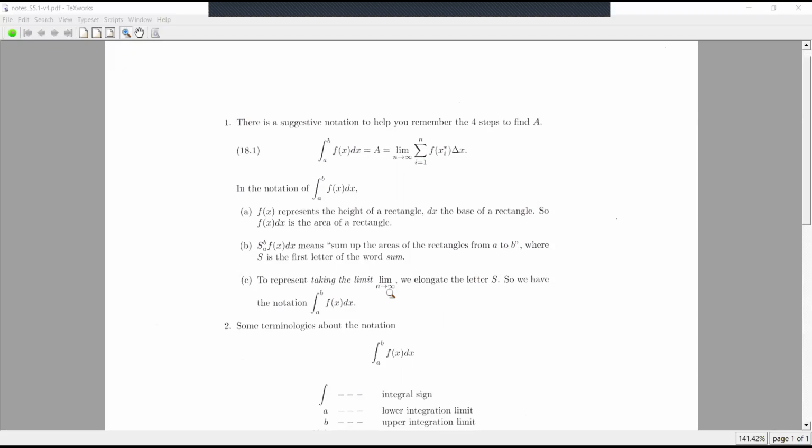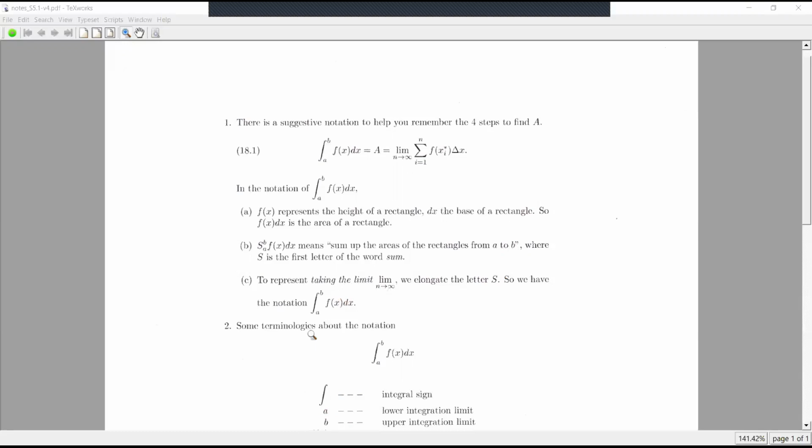How to represent taking the limit? We elongate the letter S into this symbol. This is an elongated S. We use the elongated S to represent taking the limit.